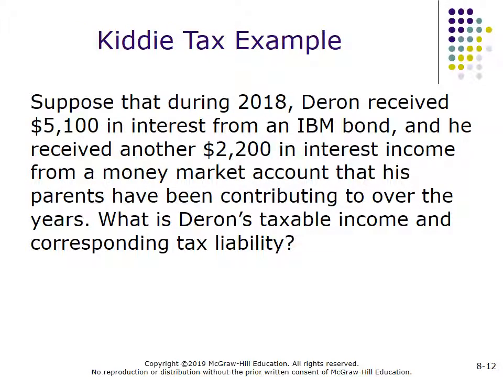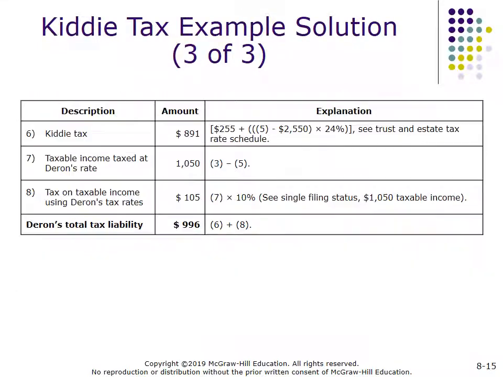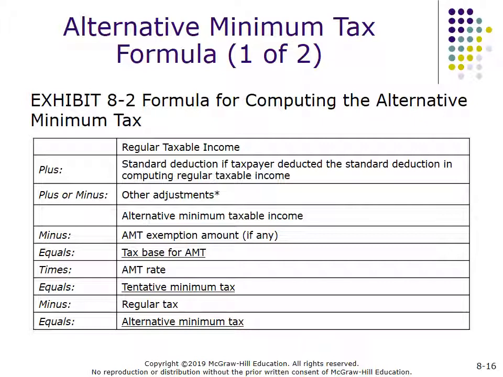Suppose that during 2018, here's our example. They have the things mixed up a little bit, but this was essentially the example we went over in your book, so I'm not going to go through it again. Let me see.